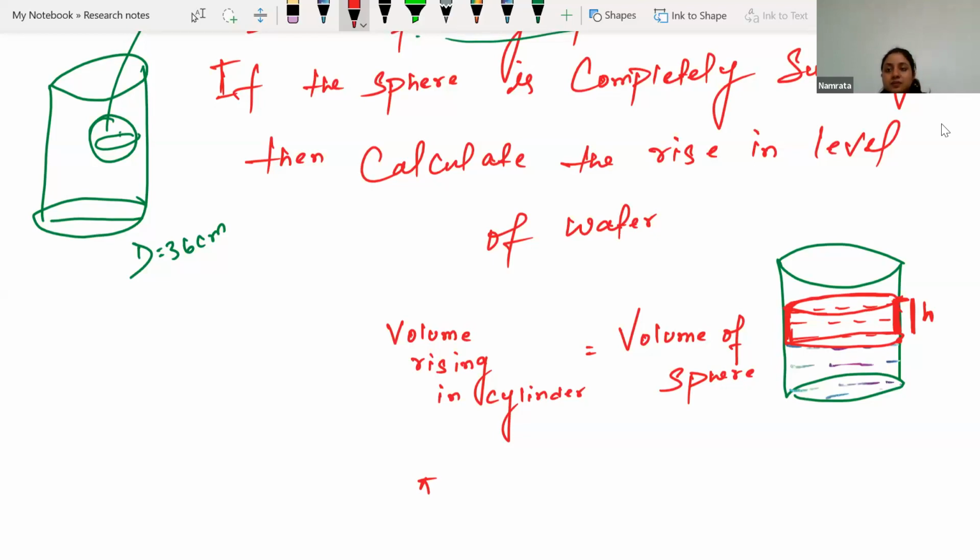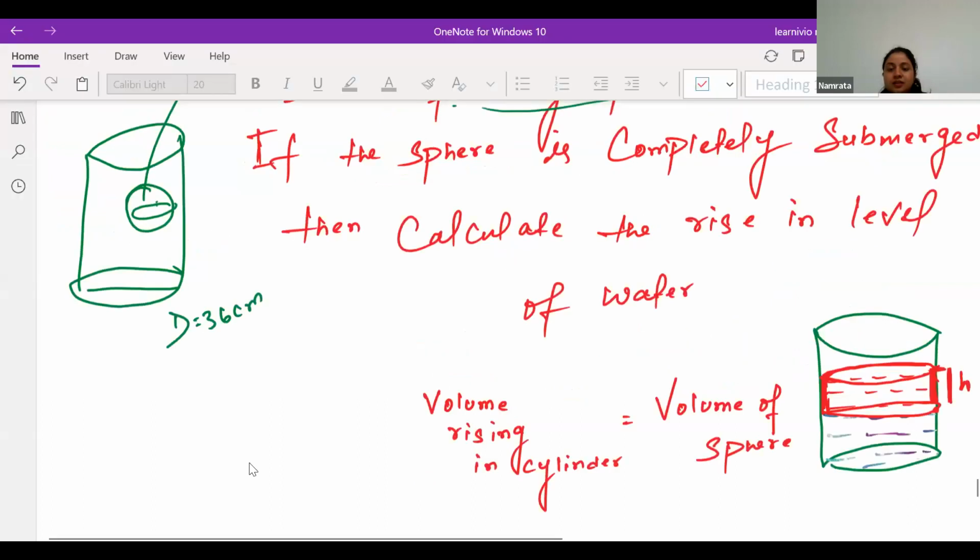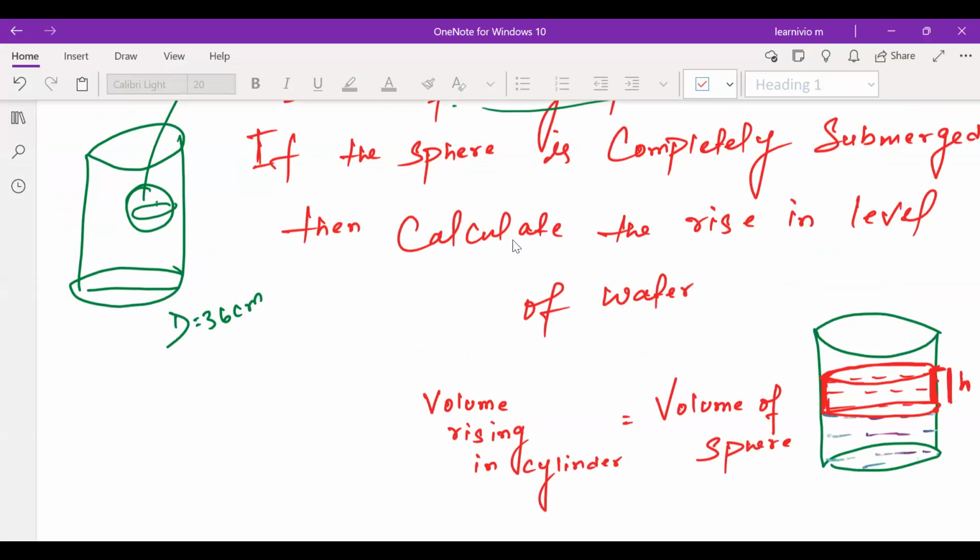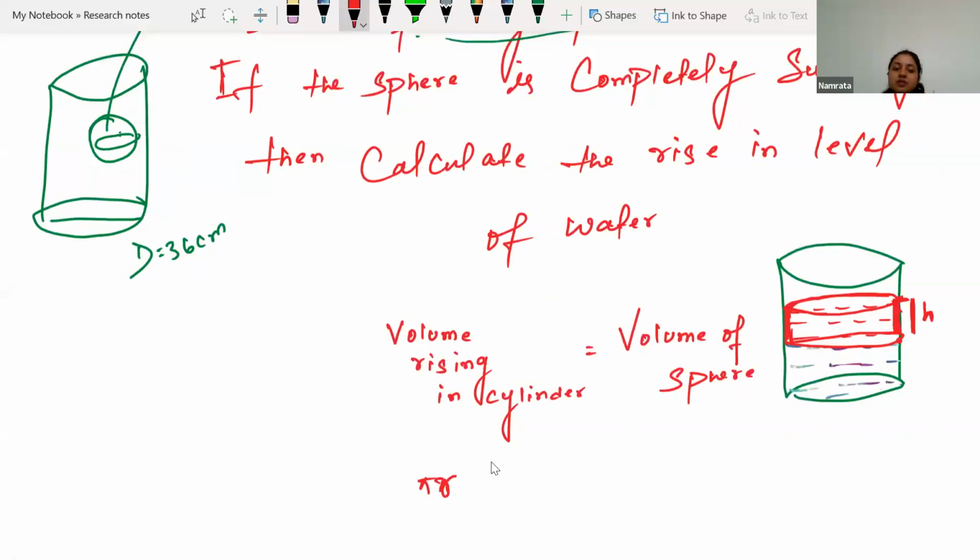Do you know that? Everyone, the volume of the cylinder's formula is? Yes, Kiran, Samina, Jesleen. Yes, exactly. It's pi r square h. So we are saying pi r square h is equal to the volume of the sphere. What is the formula for the volume of the sphere? Yeah, 4 by 3 pi r cube.